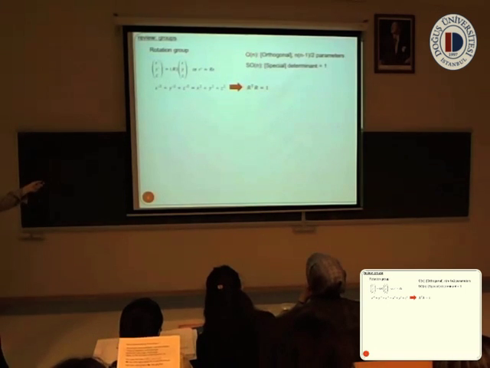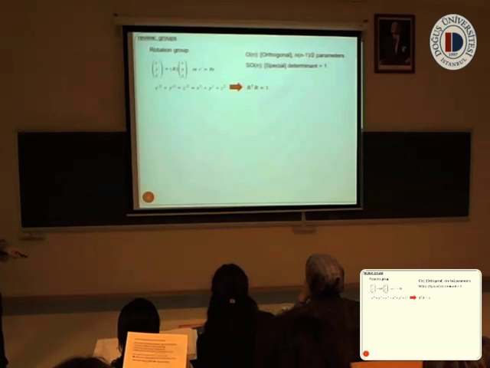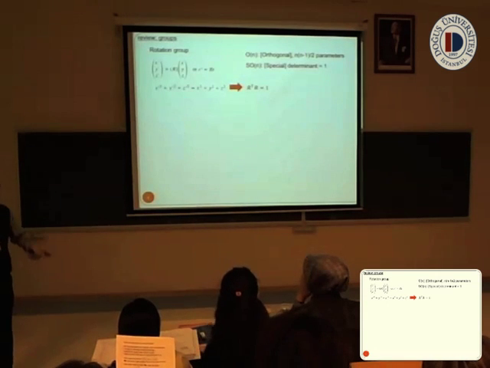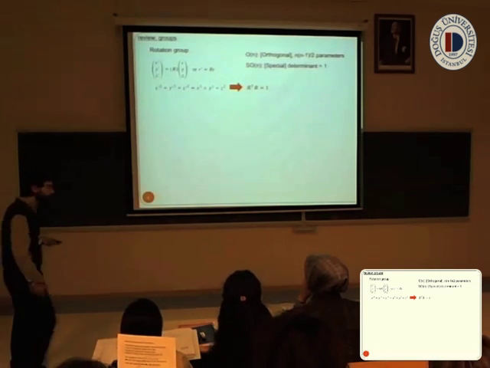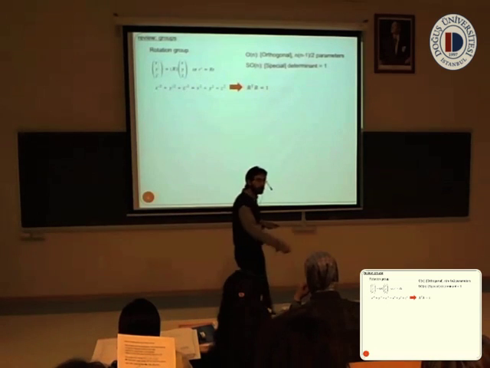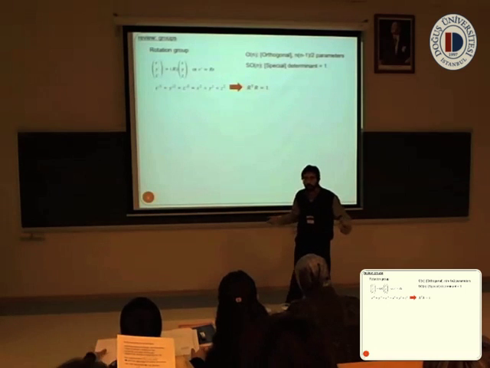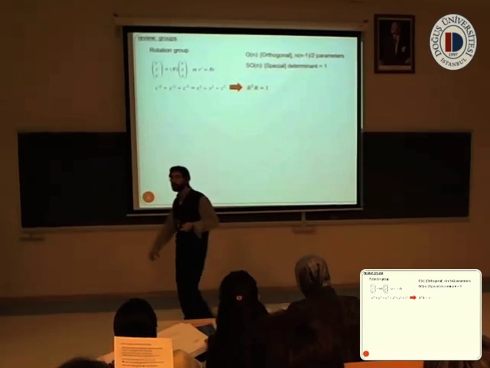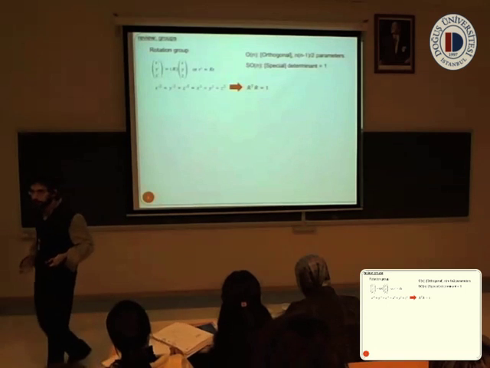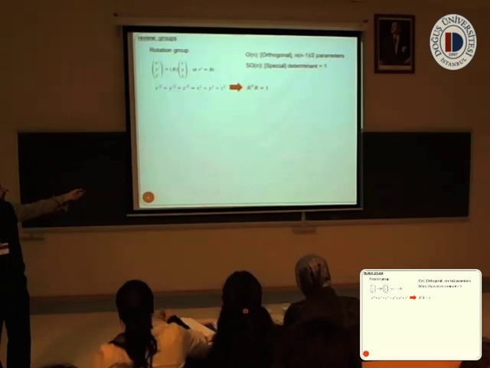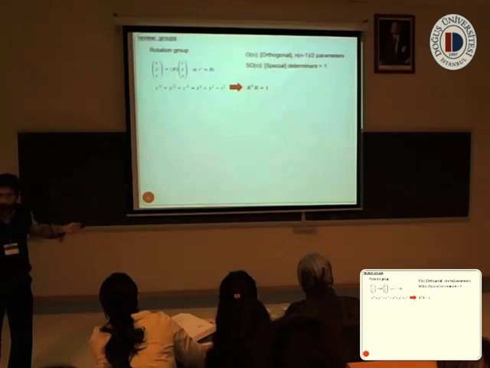So we call this group O(N); in 3 dimensions it is O(3), the group of orthogonal matrices. Now, if you set the determinant equal to 1, that means you are excluding reflections, you are only considering rotations. Groups with determinant equal to 1 are called special, so we add an S, and we call this group SO(N).